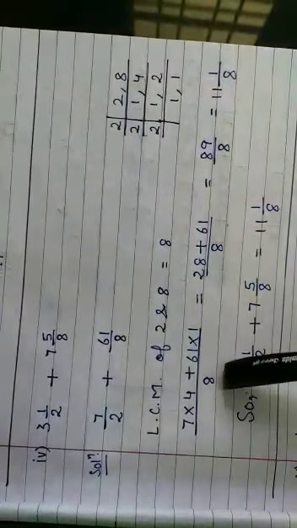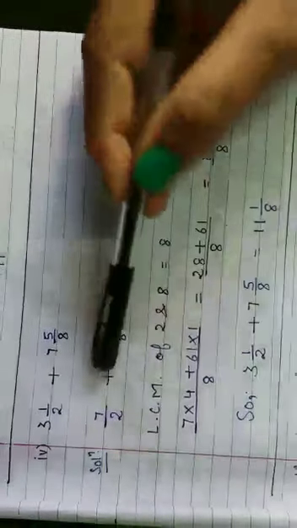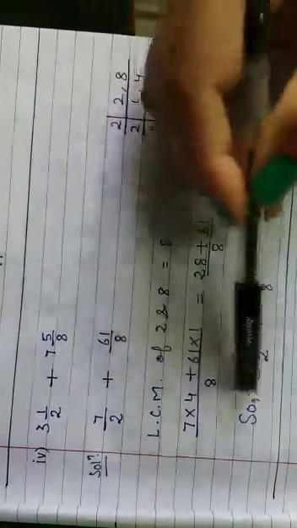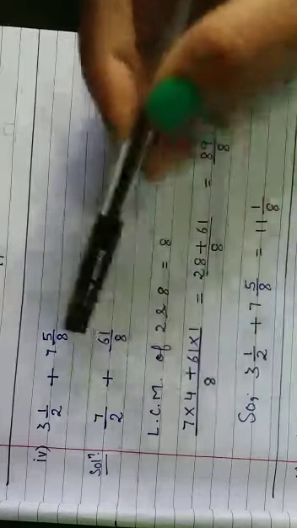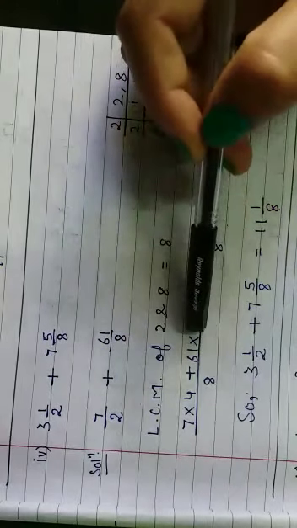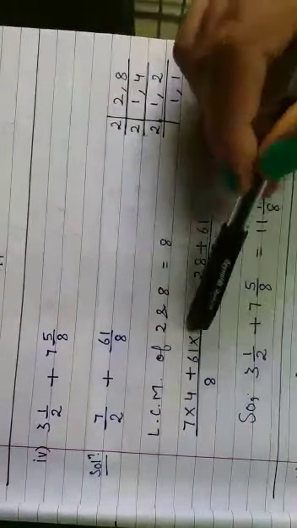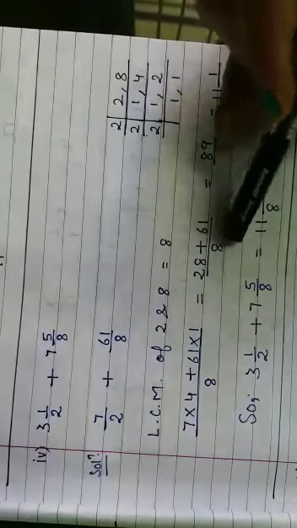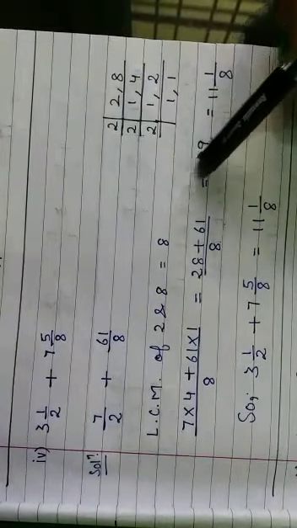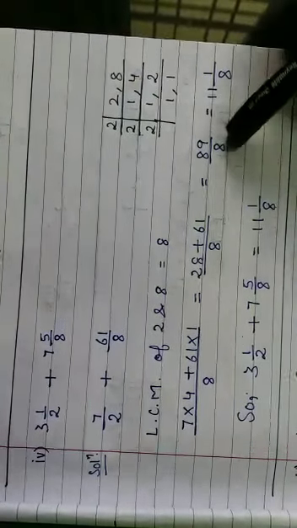Now 2 4 times is 8, so 7 multiplied by 4. Plus, 8 how many times will be 8? Only one time, so 61 multiplied by 1. That is 7 4s are 28 plus 61 1s are 61 upon 8. So 28 plus 61 will be equal to 89 upon 8.